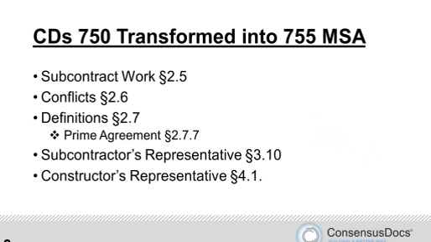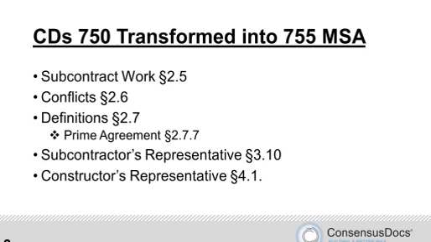The subcontract work. Now, for example, the 750 has a provision under 2.5 that gives you a definition of the subcontract work, and then in a later section here, I don't have it right in front of me, but by exhibit defines the scope of work for the subcontract. Well, obviously in a master subcontract situation, you're not going to know what the scope of work is yet.